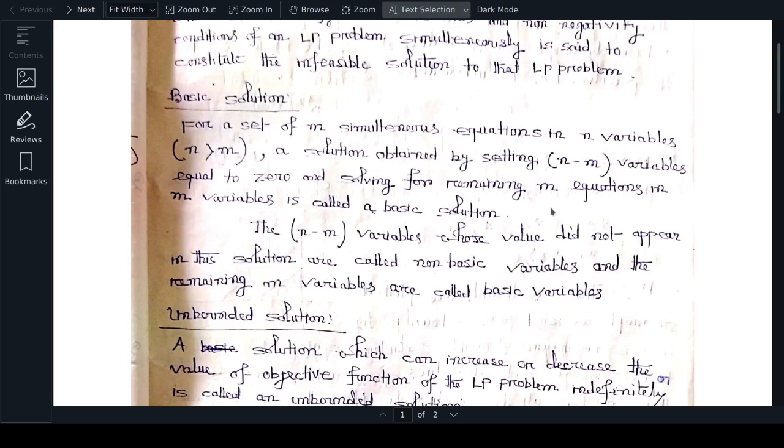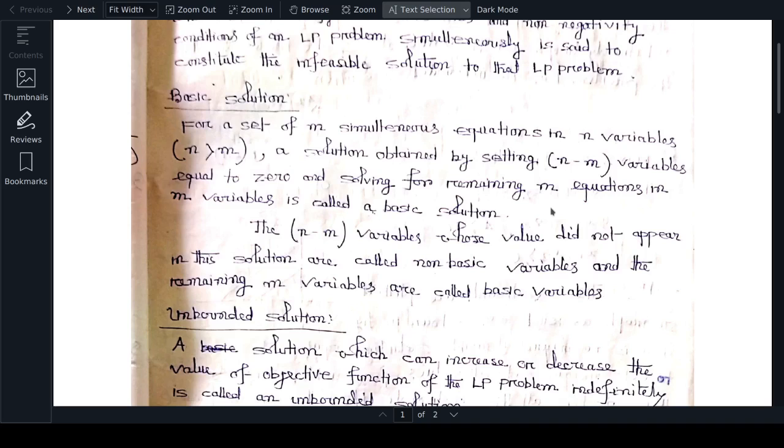Sir, I wanted to ask, is the basic solution the right solution? Usually we don't use the basic solution, right? Is it the correct solution?